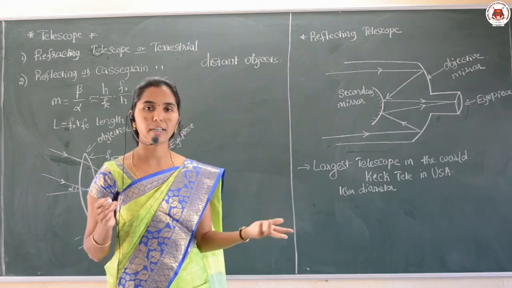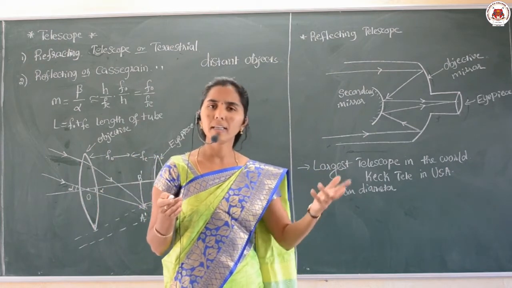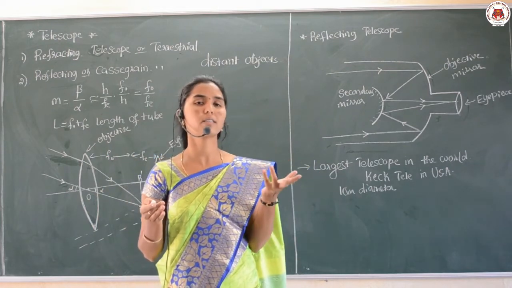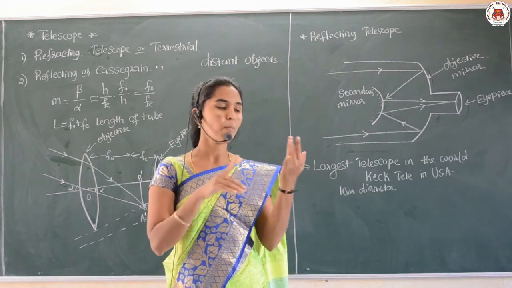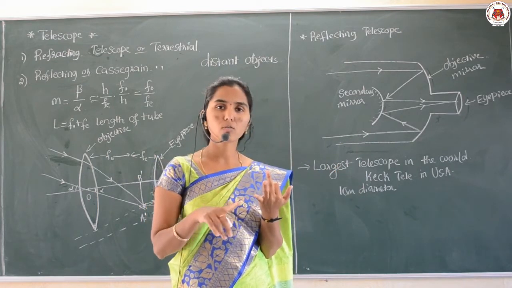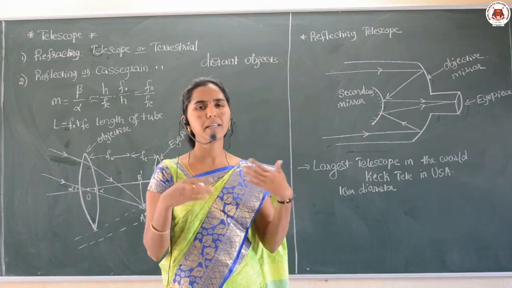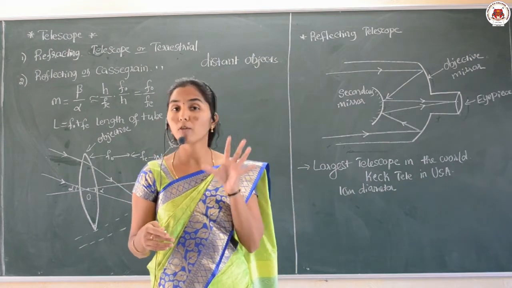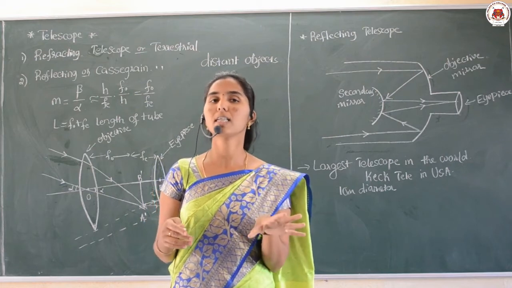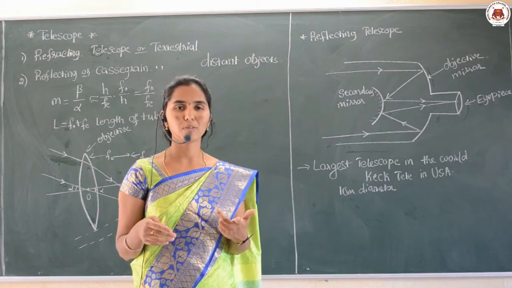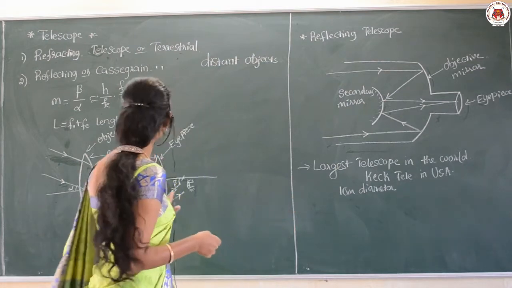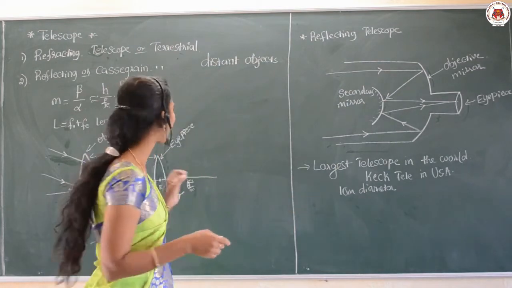As I told earlier also, different types of optical instruments are there: periscope, kaleidoscope, binocular, like that many types. But in this chapter we need to study only the telescope and the microscope, right? Hope you are understanding my point, right?